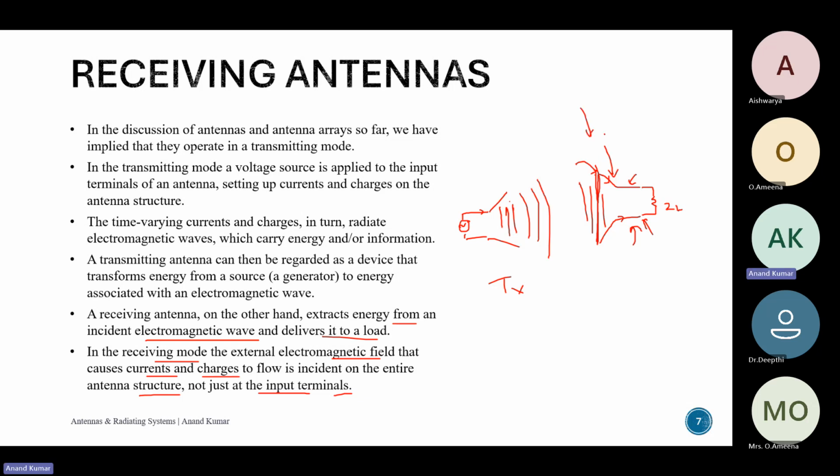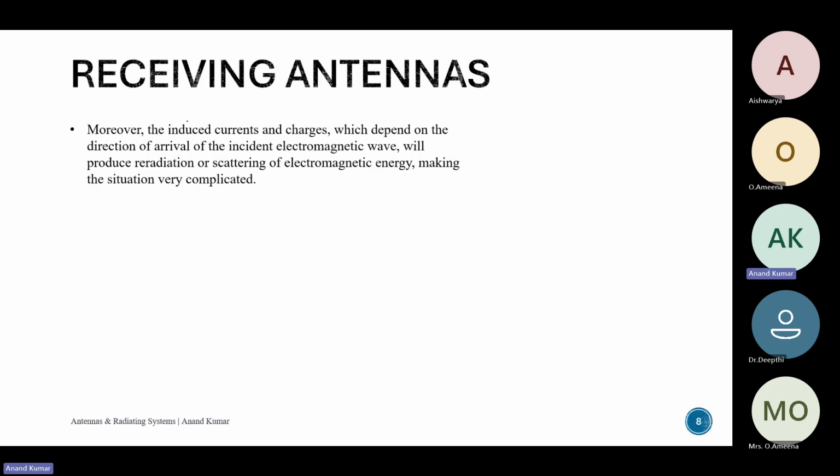Now, this may create some problems. The induced currents and charges depend on the geometry. For example, if we have the transmitter over here, it creates some EM waves, and then we have a receiver over here, and the waves will be incident on it. For this scenario, there will be some currents which develop on the receiving antenna.